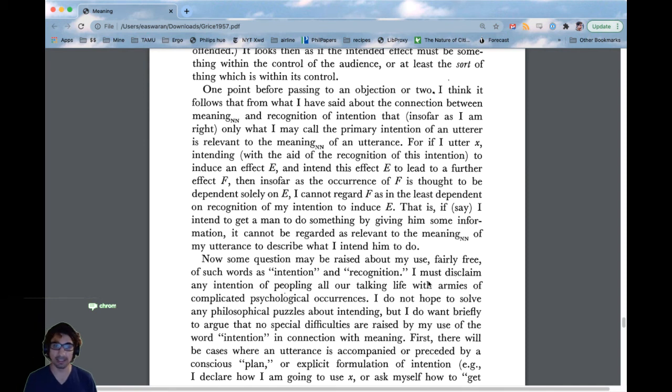So that's a mouthful. I think the idea is if I tell someone that the house is on fire and intend them to get to believe that the house is on fire as a result of that, and then therefore intend them to leave the house, when I said the house is on fire, I didn't mean leave the house. I meant the house is on fire, because it's only this first intention that depends on their recognition of my intention.